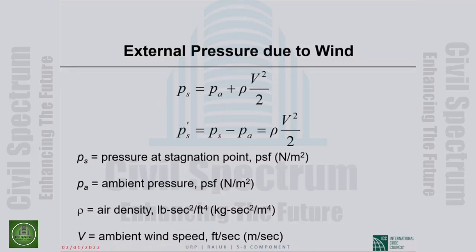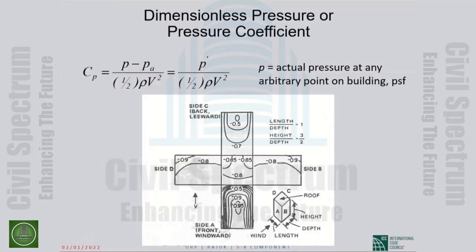Okay, the pressure above ambient, which is P sub S prime on this slide, is then rho v squared over 2. The pressure coefficient C sub P that we are talking about is pressure above ambient, P prime, divided by half rho v squared.